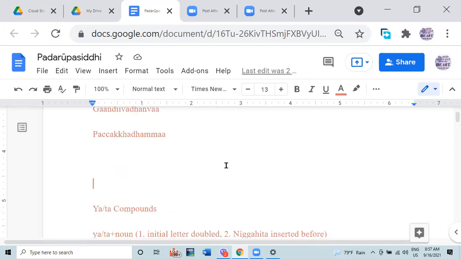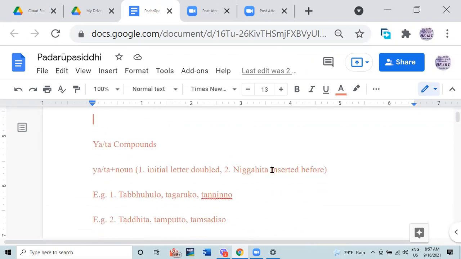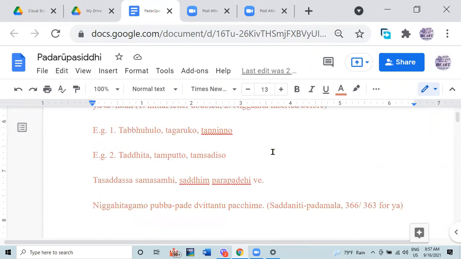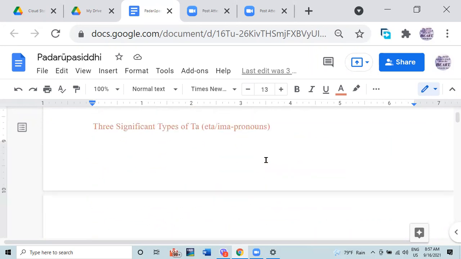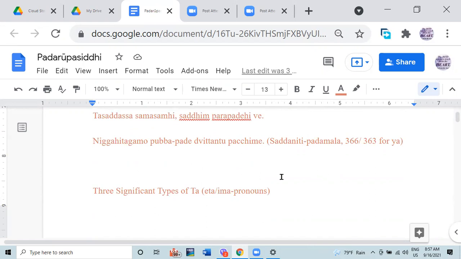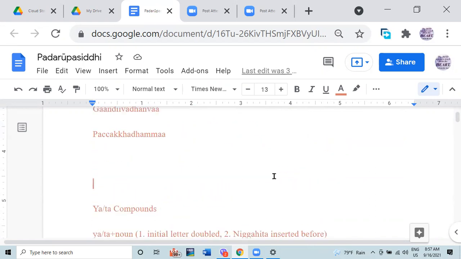Okay, let's go to Taddhita. When explaining Taddhita, and the three types of compounds, I think it is very important for Pāḷi students to know if we read Pāḷi text.